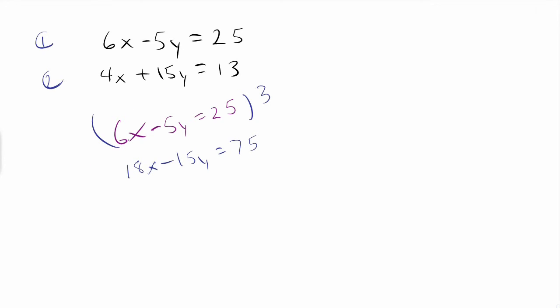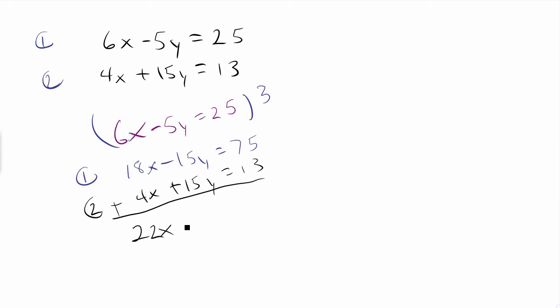So with that, I have my equation 1 rewritten into an equivalent form, and I'm going to add equation 2 to it. My writing's getting a little bit crooked, but this is equation 2: 4x plus 15y equals 13. I add them together. 18 plus 4 is 22, so 22x.